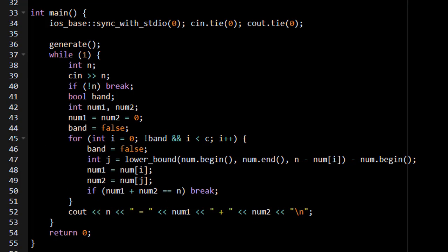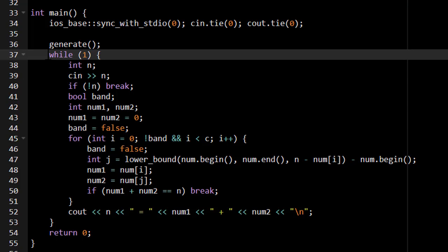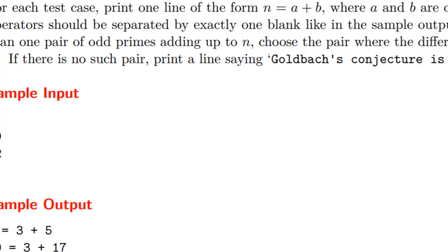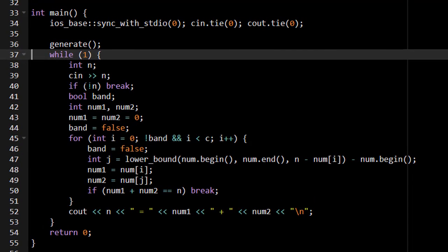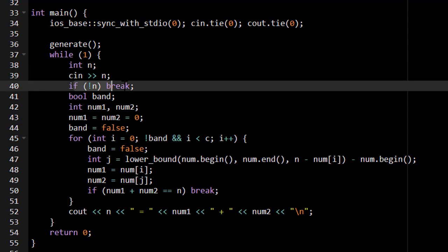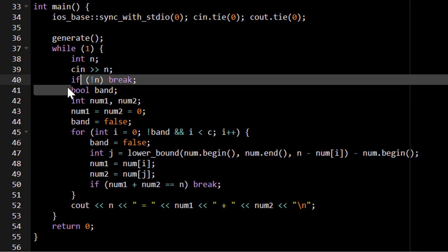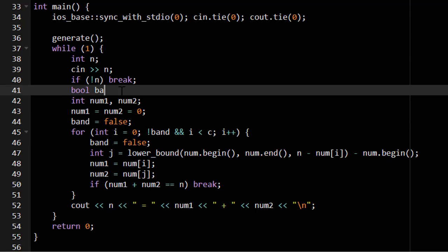So to solve the problem, what are we going to do? Well, this is one of those problems in which the test cases are terminated by a number 0 in the input. We're gonna write an infinite loop, and we are going to declare an escape sequence right here. Now I don't even need this variable band.